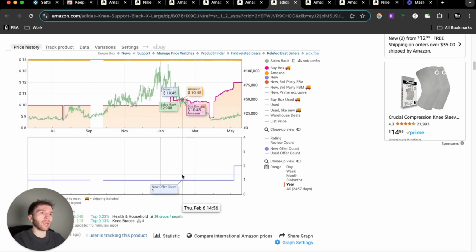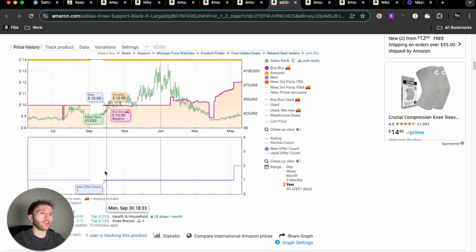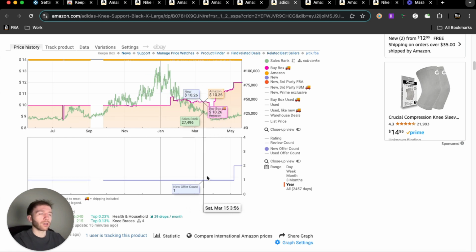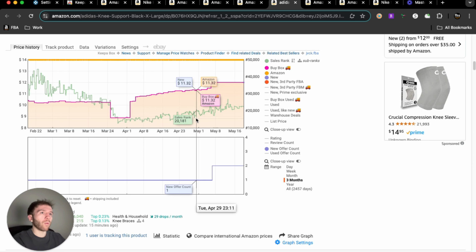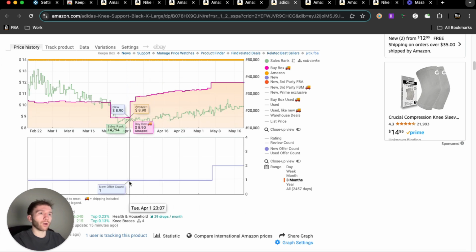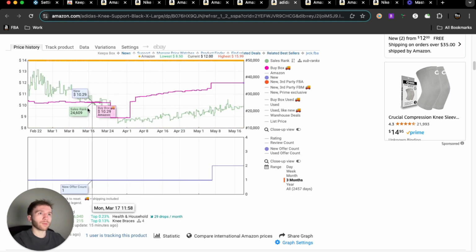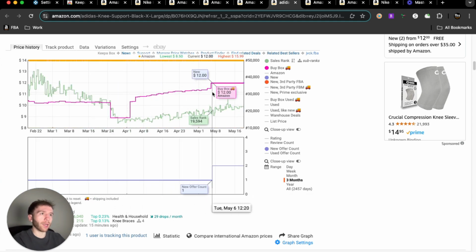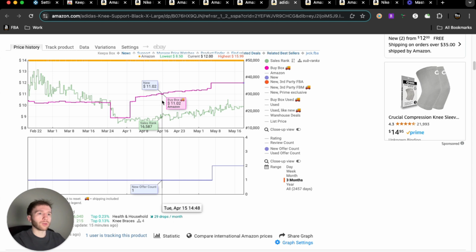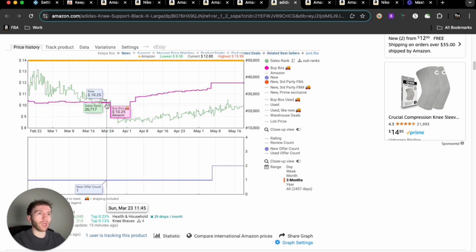So if you see a chart that just has no movement in the offer count, just don't bother purchasing it because it's not selling. If it was a regular seller that had this one as well, they would sell out at some point. So if the chart looks like this, and this is a normal seller, not Amazon, you don't want to get into this product because they would sell out.